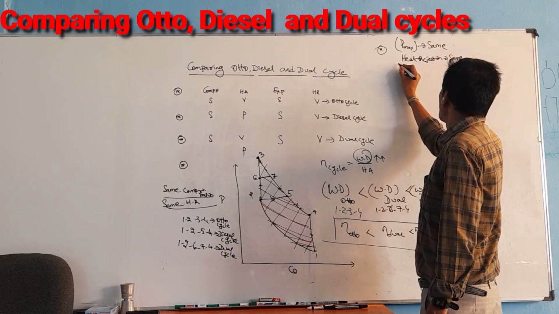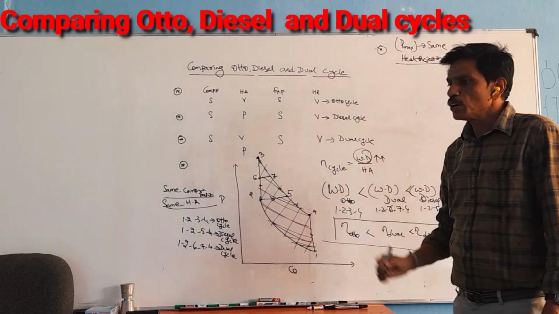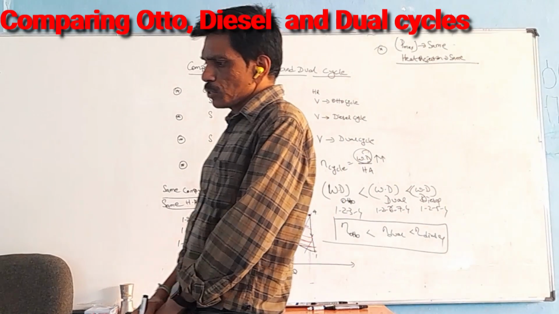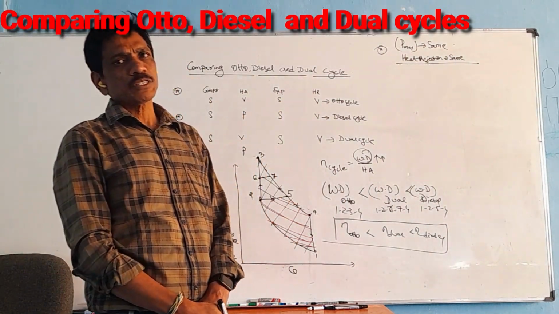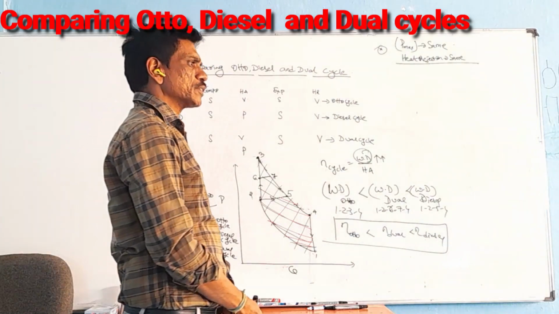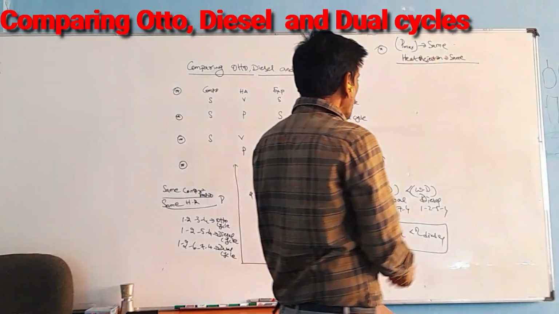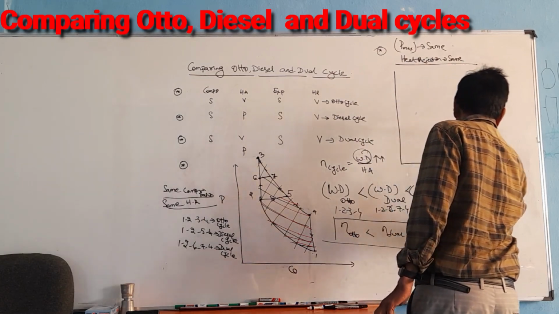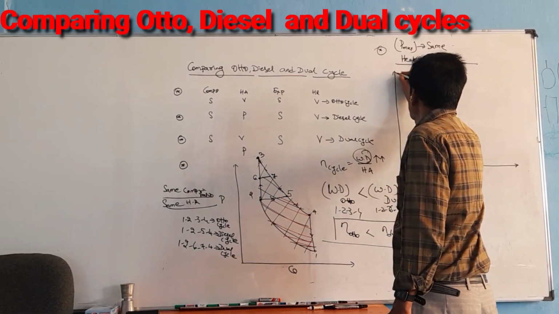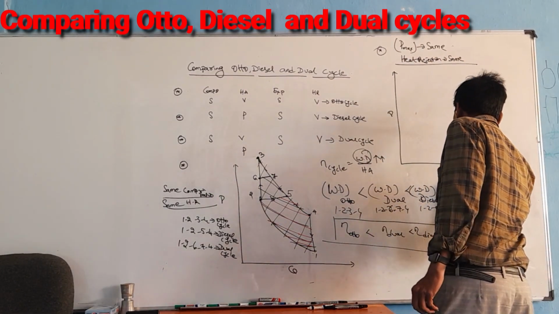Satisfying these, we have to construct the PV diagram. The peak pressure is the same in all the 3 cycles, and the heat rejection is also the same. Accordingly, we have to make the PV diagram. Then you can see which cycle is efficient.